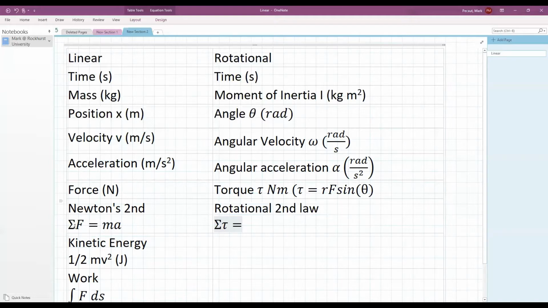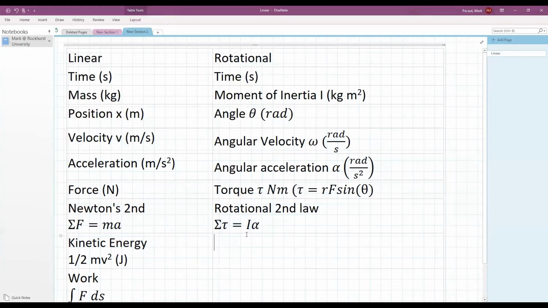Here we sum the forces and say that equals ma. Here we sum the torques, the rotational version of force, and set that equal to I, the moment of inertia, which represents inertia, times angular acceleration, which represents linear acceleration. So that works for the rotational second law.